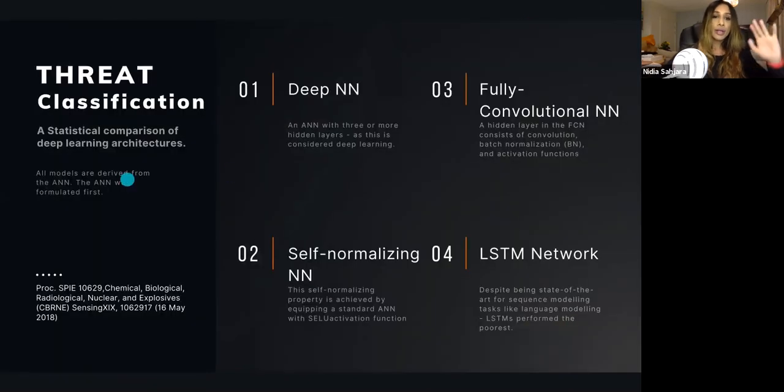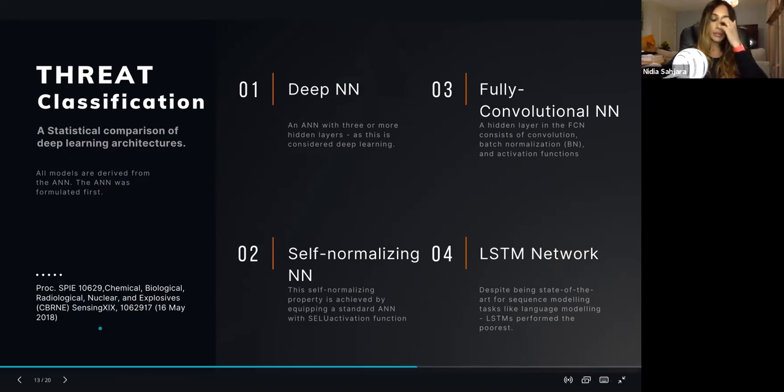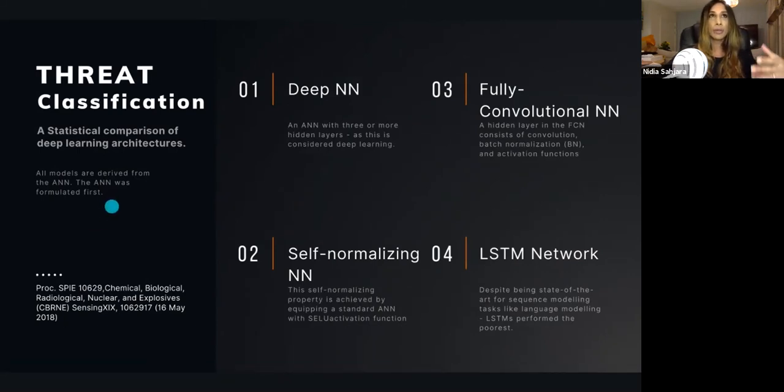So there is a paper from the Proceedings of SPIE, the Chemical, Biological, Radiological, Nuclear, and Explosives Sensing conference from 2018. This was one of the first research papers that gave me a good grounding in trying to understand how to approach the threats classification problem.